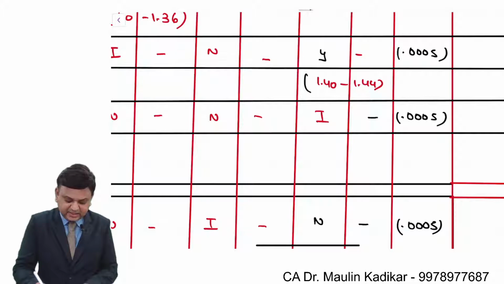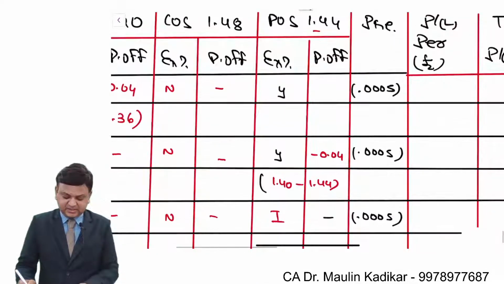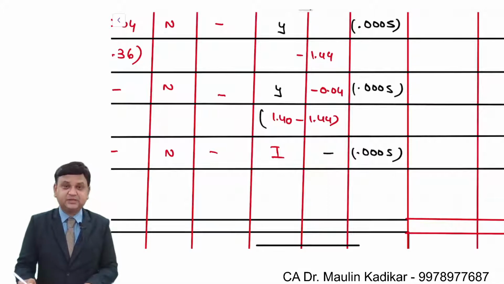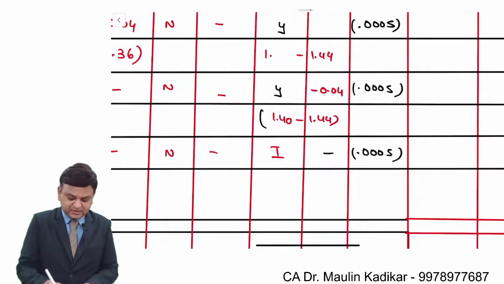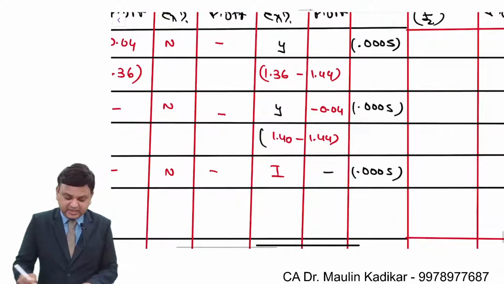So for me, negative payoff of 0.04. Again at 1.36 he will exercise his right. So 1.44 is the rate at which you purchased a pound and 1.36 is the spot value of the pound. So again there is a negative payoff of 0.08.